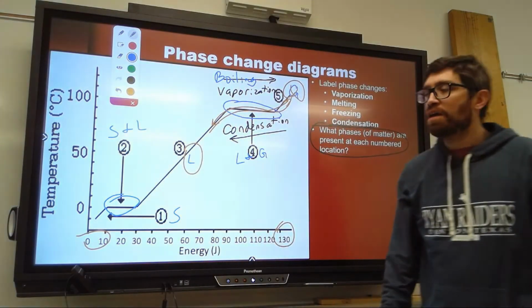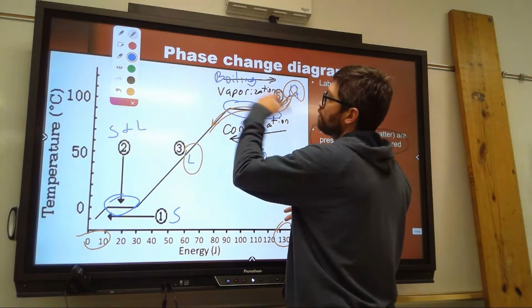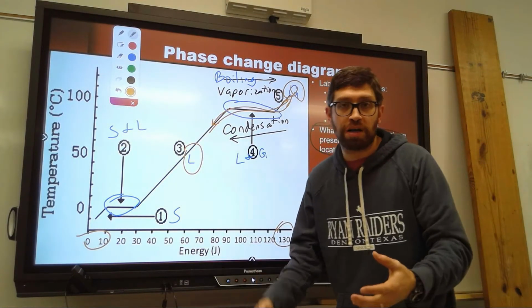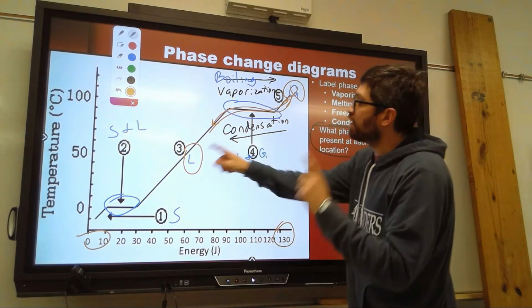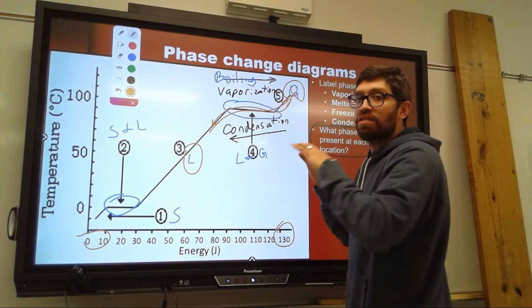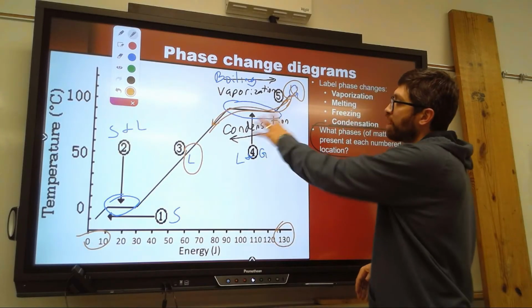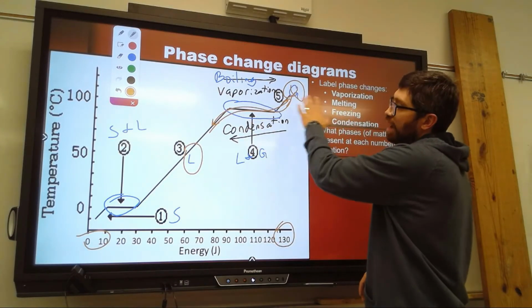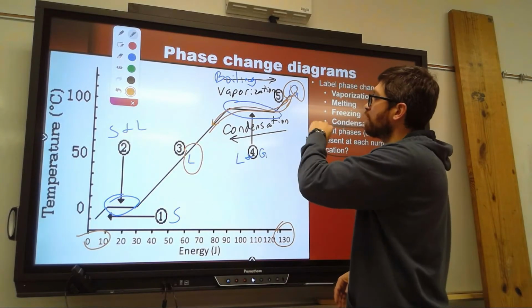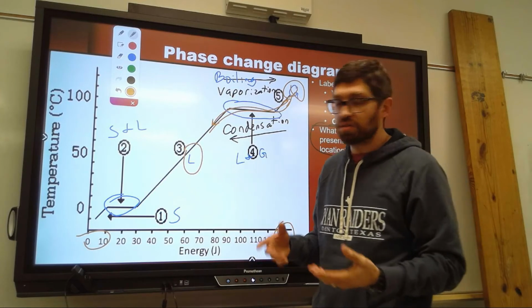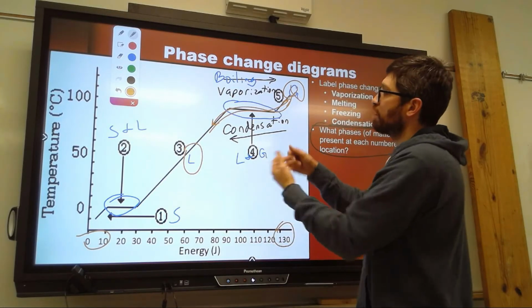You need to know that. If we're doing vaporization going from liquid to gas, vaporization is an energy absorbing process. You should write that down. Because to become a gas from a liquid, this substance has to absorb energy. We'll talk more about that in a minute. Whereas if we have condensation going on, gas going to liquid, the substance has to lose energy or release energy to do that phase change. So that's what these arrows are about.